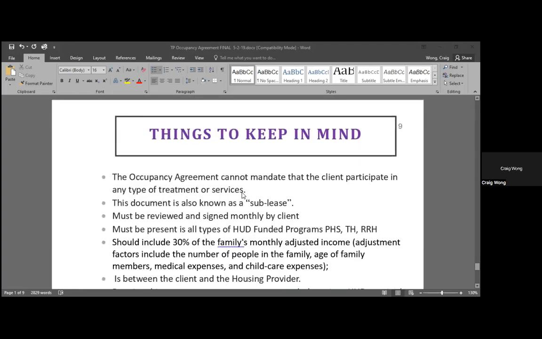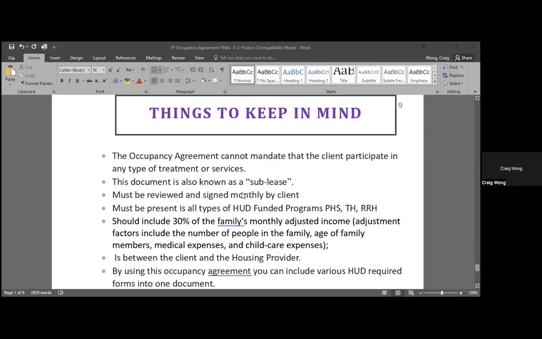So in summary, things to keep in mind when you're drafting your occupancy agreement, when you're talking to your families. The occupancy agreement cannot mandate that the client participate in any of the treatments or services. Of course, as we discussed, it can be strongly encouraged, but we can't make it mandatory as enrollment in our programs.